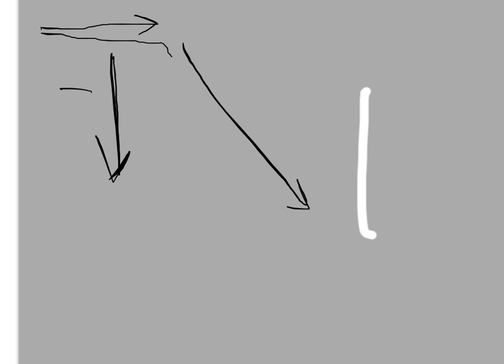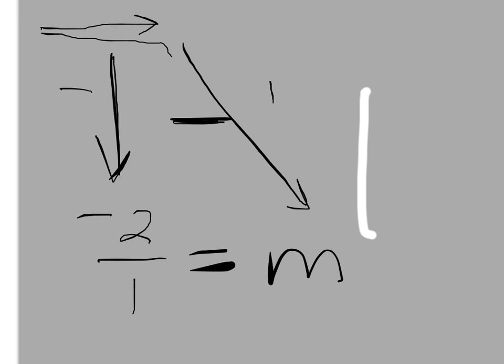So the rise is negative, and if you look carefully at the units right here, this line drops 2 for every 1 horizontal unit. So the slope of this line, this falling line, is negative 2 over 1. So m is equal to negative 2.